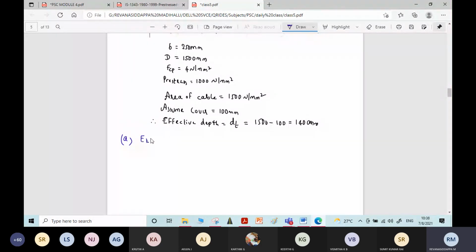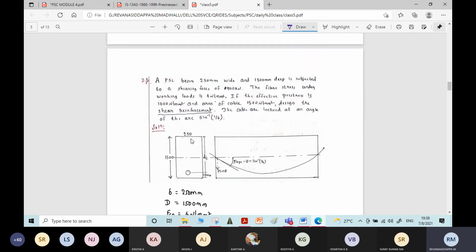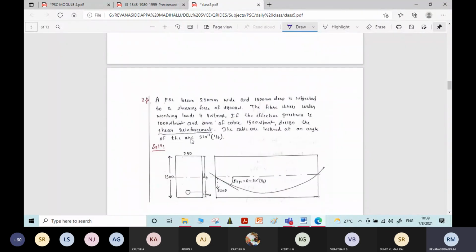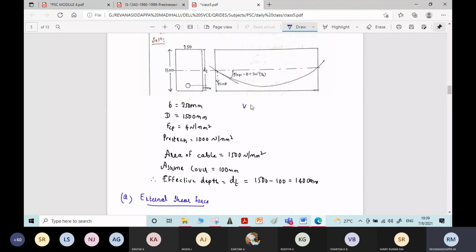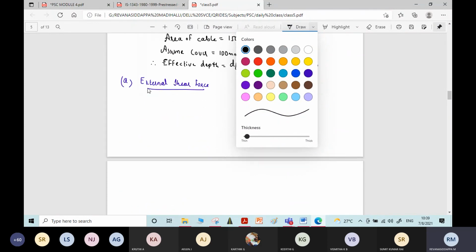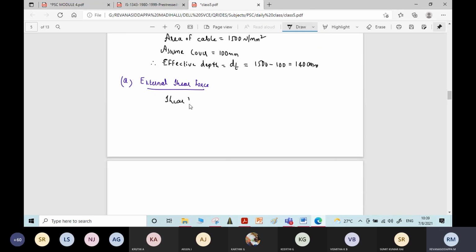External shear force V is given as 900 kilonewton. Shear force V is equal to 900 kilonewton.